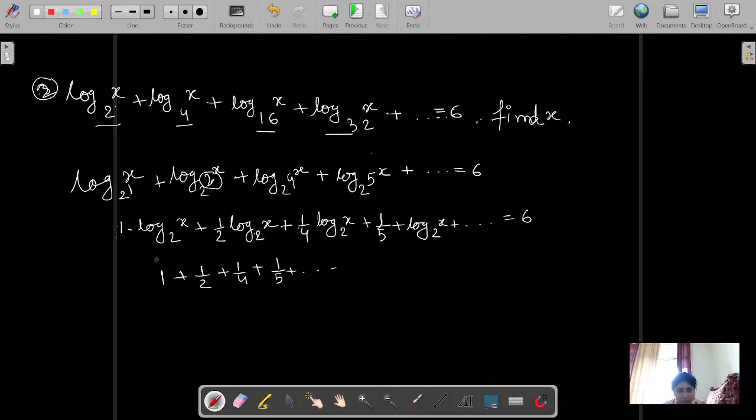I thought 1 by 3 will also come, but here 8 is not there, so that's why. And here outside it will be log 2 base x, equals to 6.